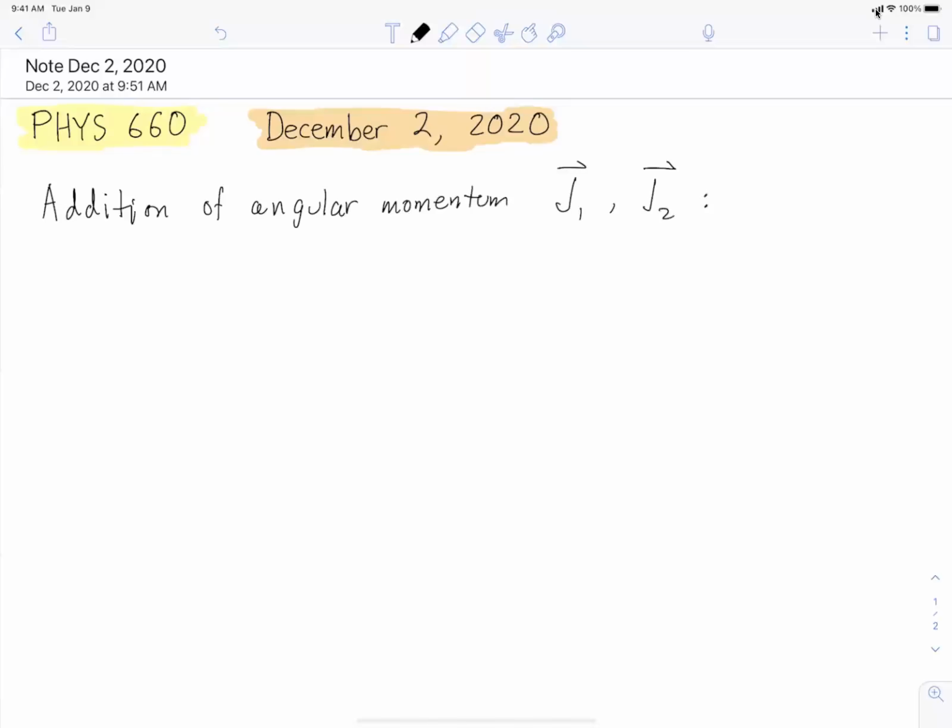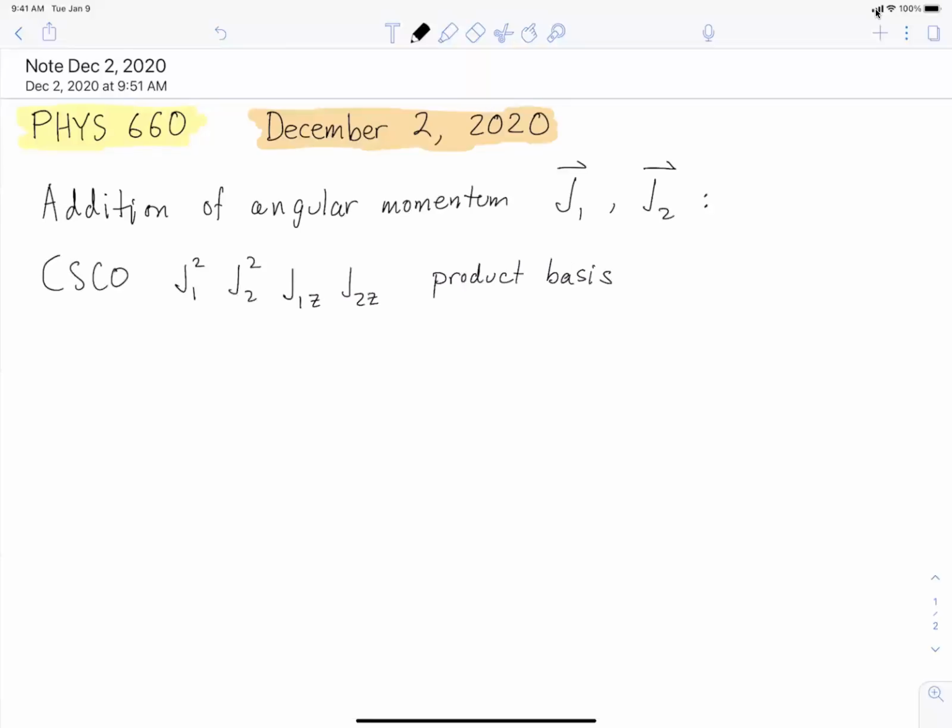Okay, and then there are two different very good ways to form a complete set of commuting observables. One of them is J1 squared, J2 squared, J1z, and J2z. And that's called the product basis complete set of commuting observables.